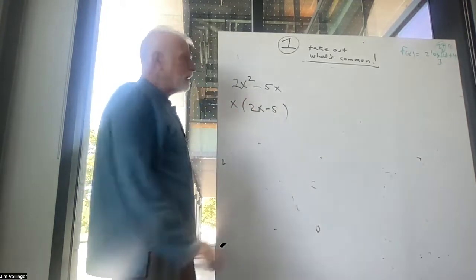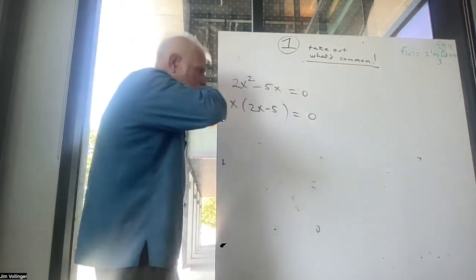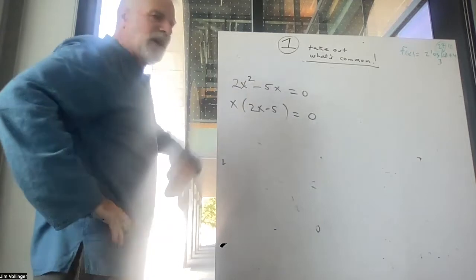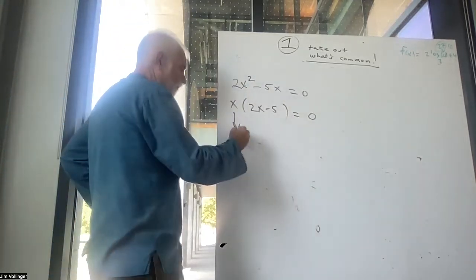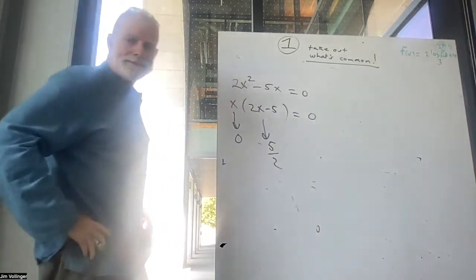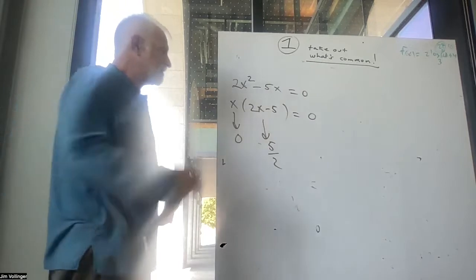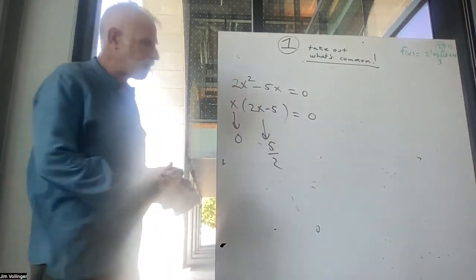That's the product. If we set our product to 0, can you see the answers? Twos cancel, fives cancel. 0 times anything is 0.